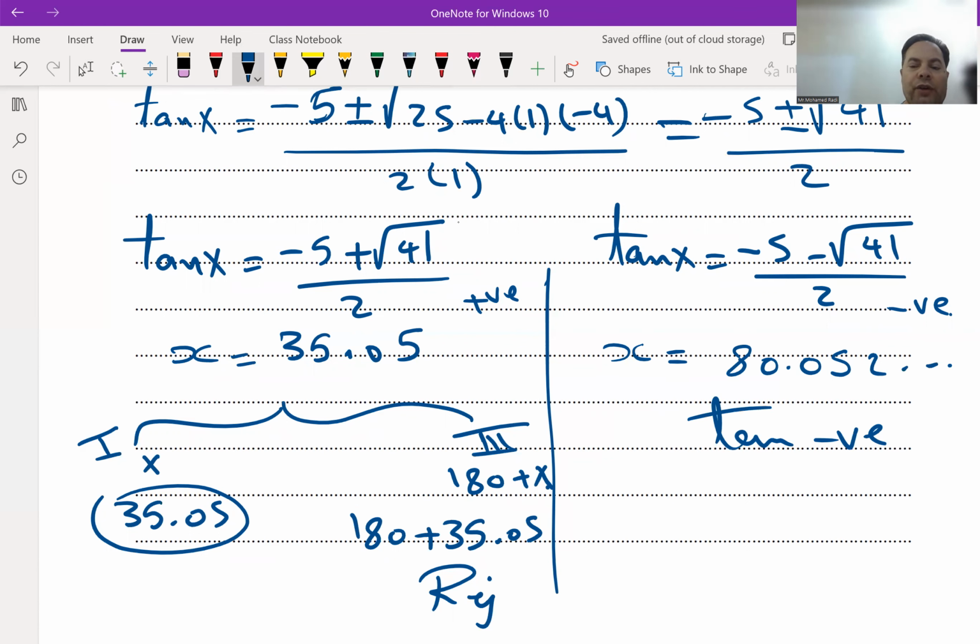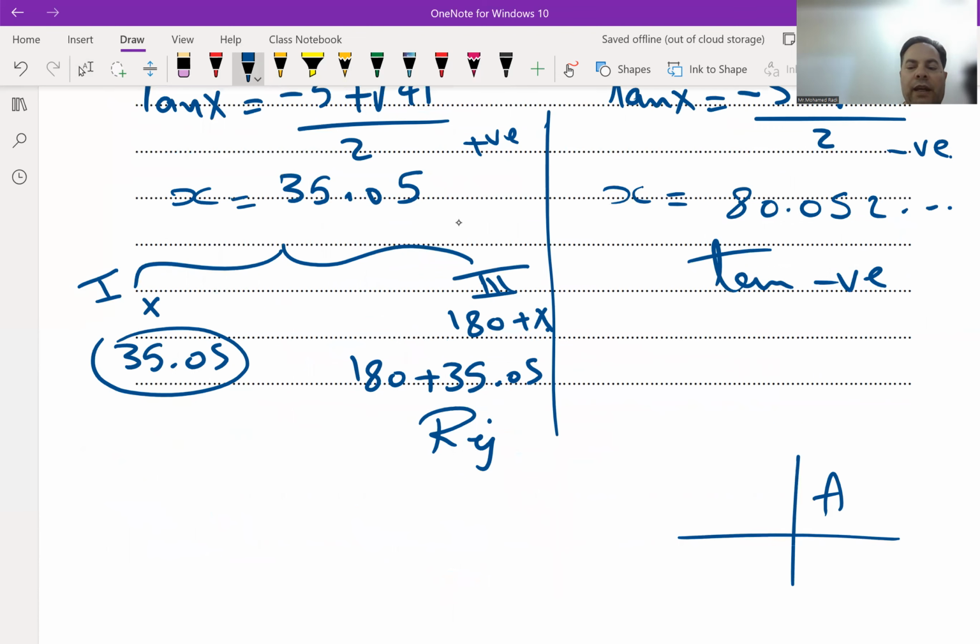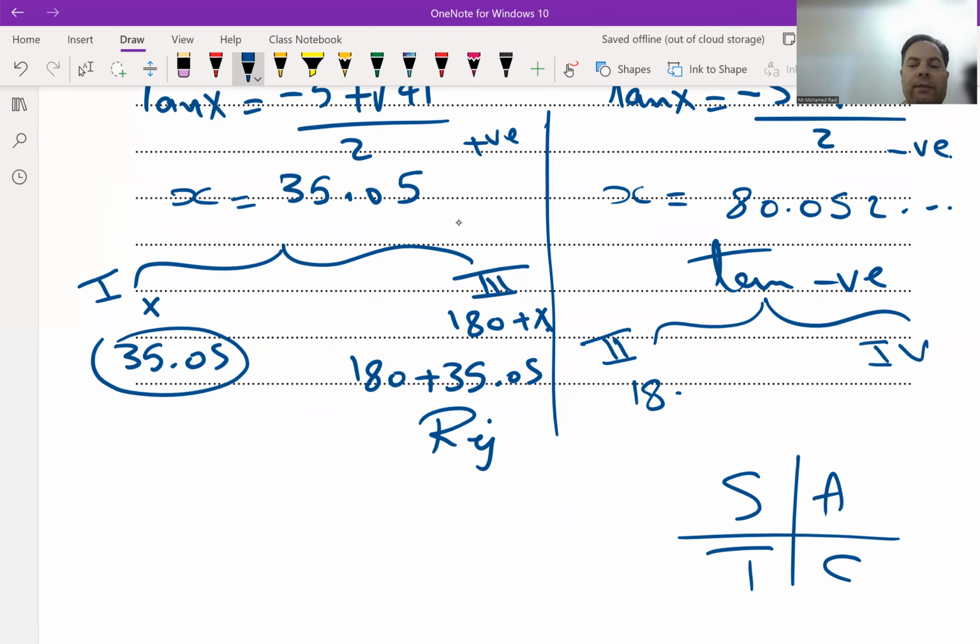According to the ASTC rule, tan is negative in the second and fourth. Second, 180 minus the answer, which is 80.052. Fourth, 360 minus the answer, but this value is also rejected because of the range. So 180 minus 80.052, the answer is 99.94.